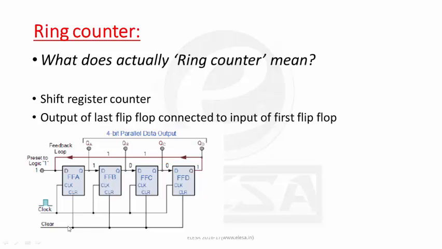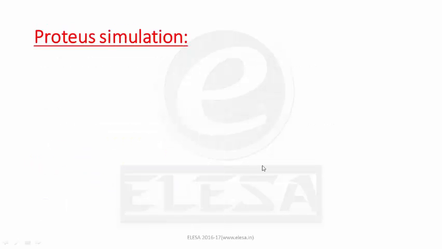And here is the clear circuit that will clear or reset the whole counter to 0000, because the only change from the shift register is that in the ring counter the output of the last flip-flop is connected to the input of the first flip-flop.